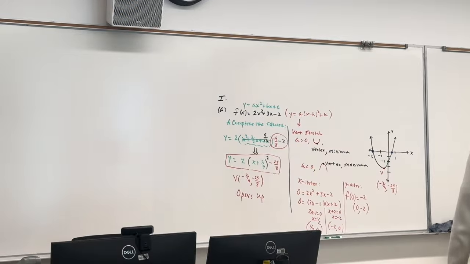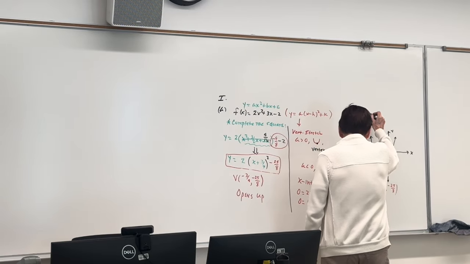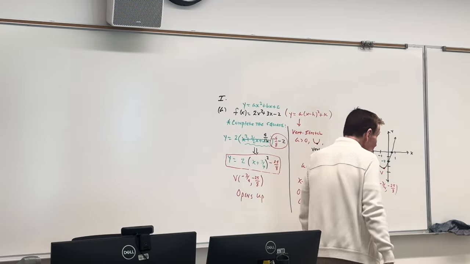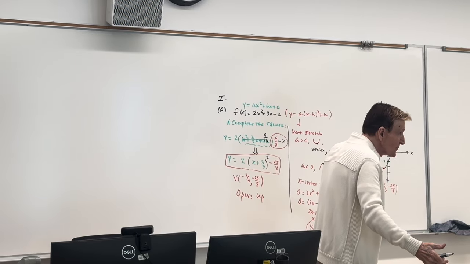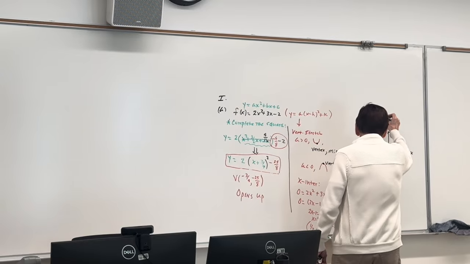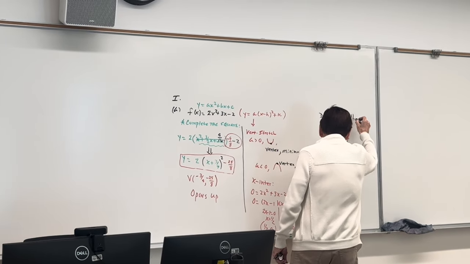Now, what's the domain, guys? The extent of the x-axis. What's the extent of this graph as you look at it from left to right? What's it covering? All real numbers. Like that. Now the range, be careful, the range is the up and down.